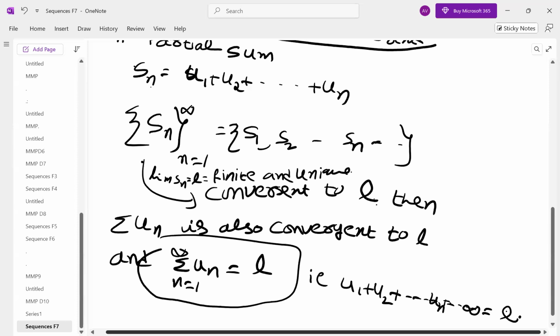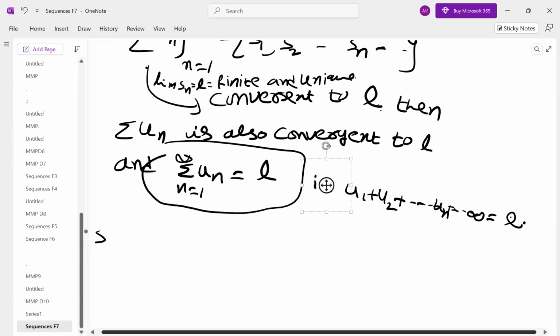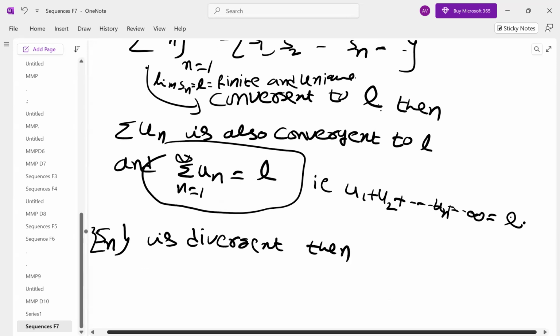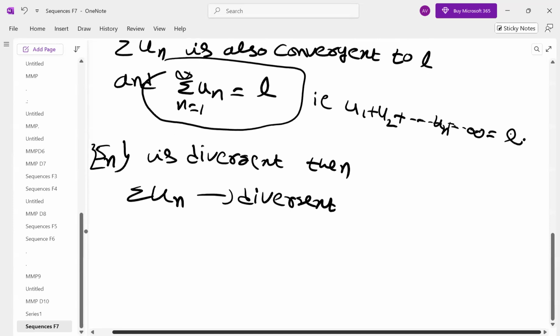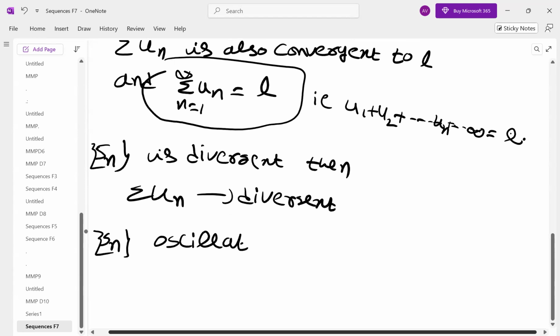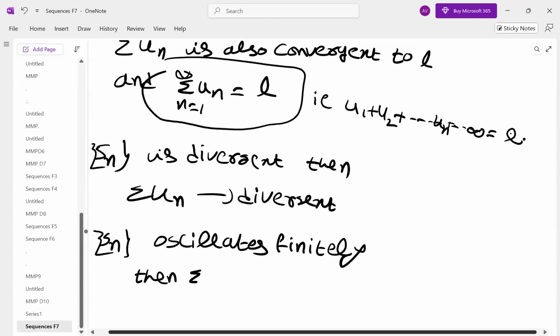Okay. Now, if the sequence Sn is divergent, then we say the corresponding series is divergent. And if the sequence Sn oscillates finitely, then the corresponding series, summation un, also oscillates finitely.